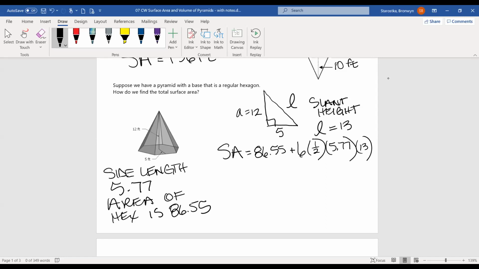So plugging it into our calculator, the total surface area of the base hexagon and the 6 triangles is 311.58.